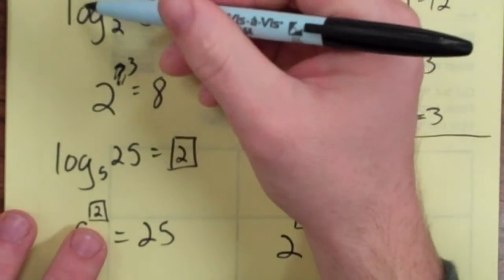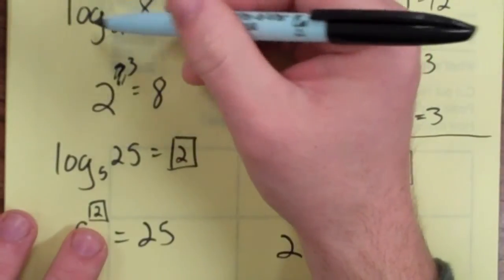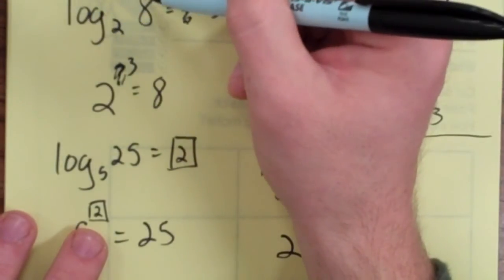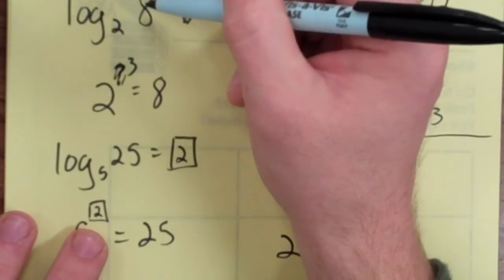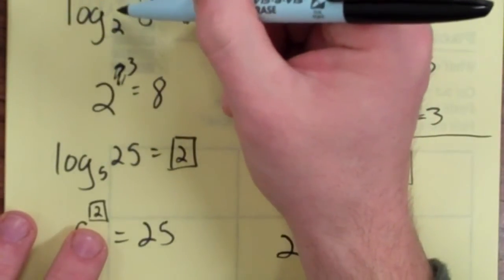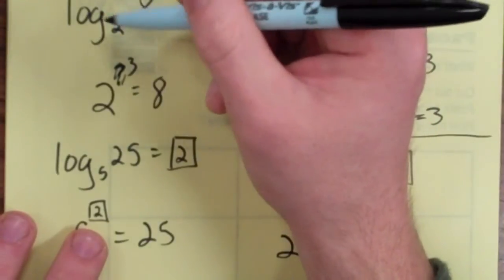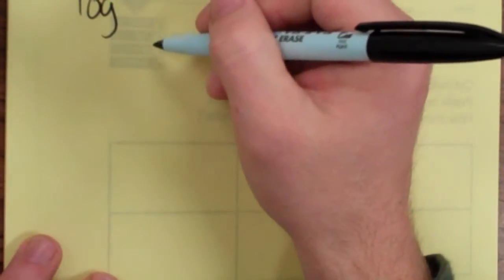It's not log 2, it's log base 2. It's not log 2 to the 8th. It's log base 2 of 8. For each of those I said log base something. You always have to have a base because you always have to ask a question about some number.